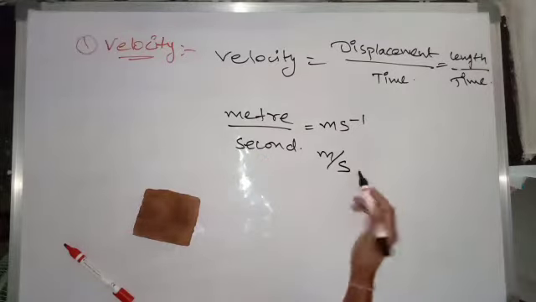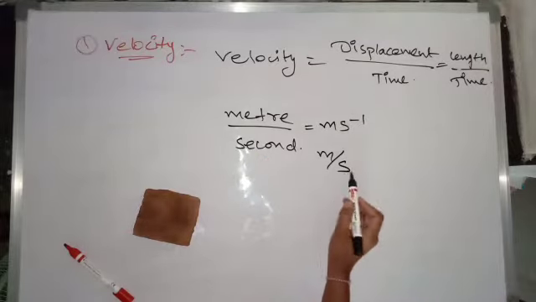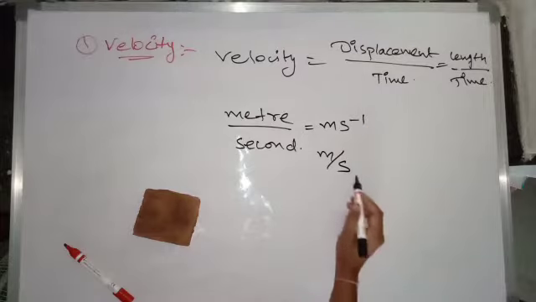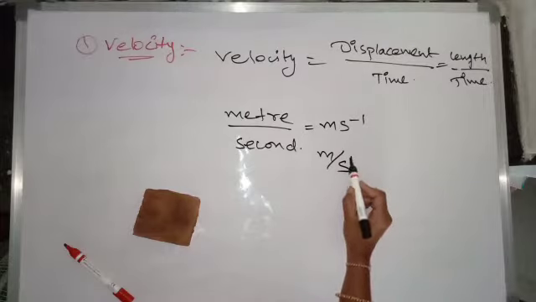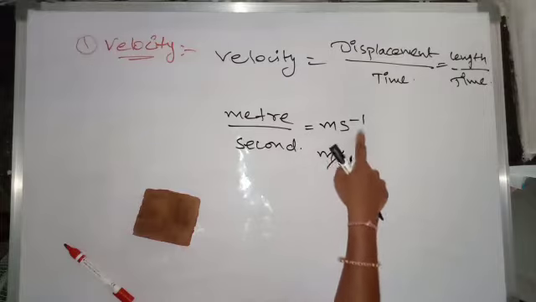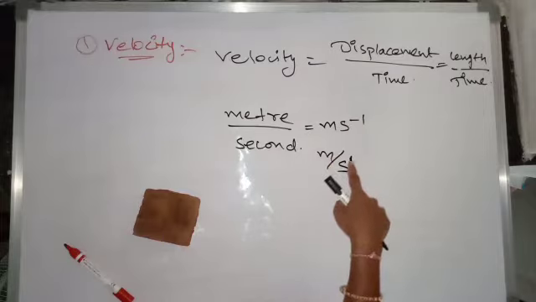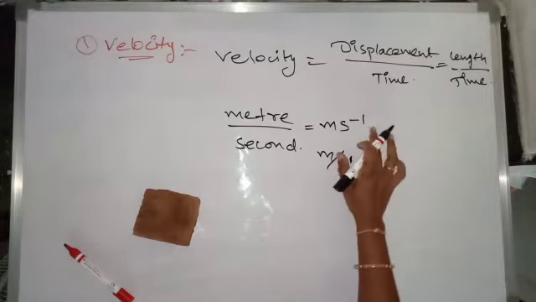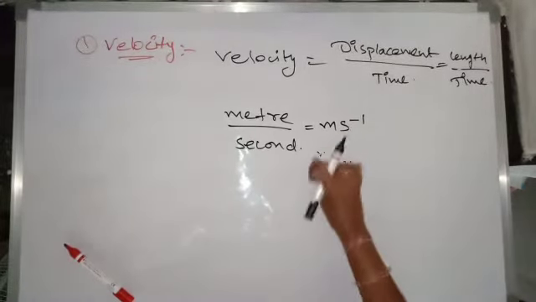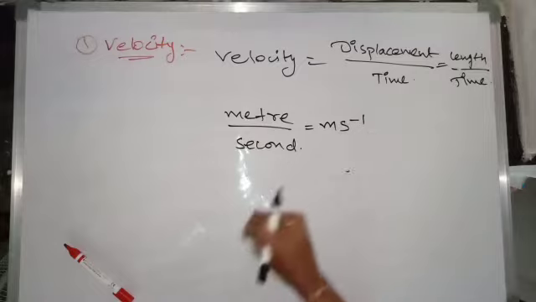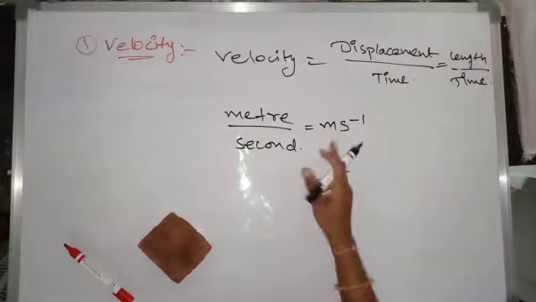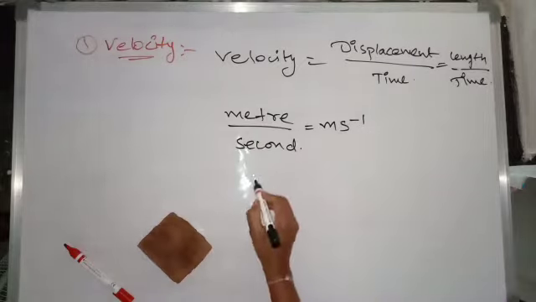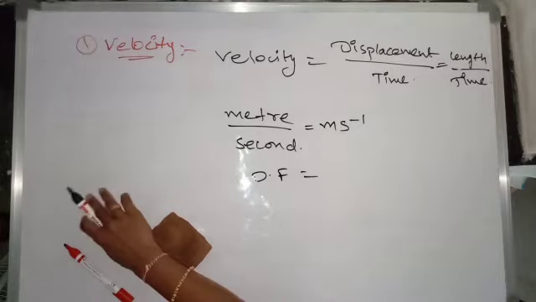If this s comes into the numerator, the power 1 becomes minus 1, so s power minus 1. Now how to write the dimensional formula for velocity?